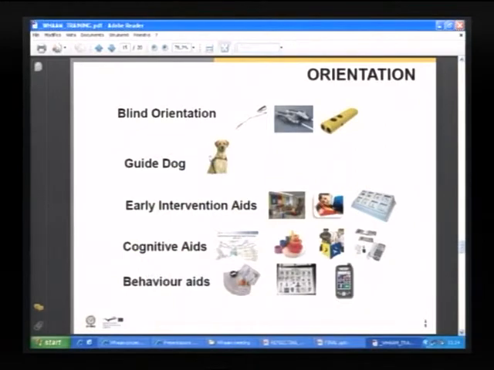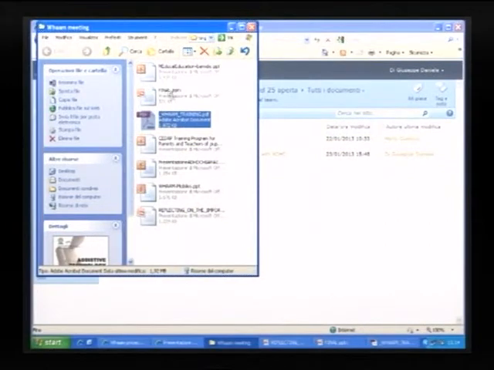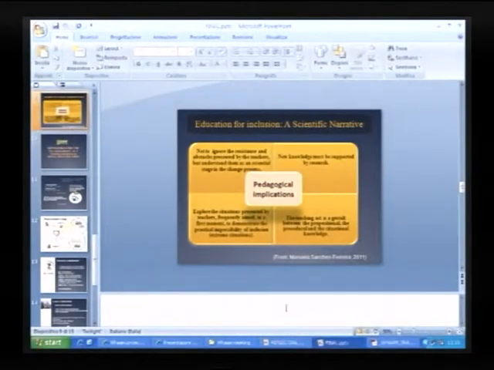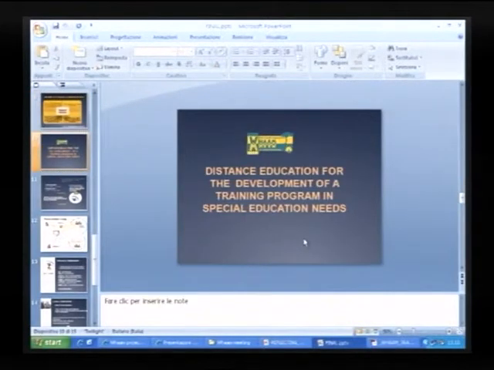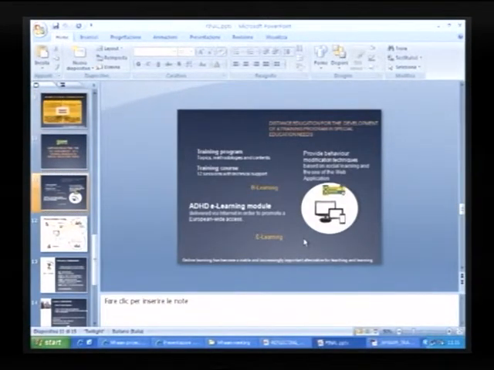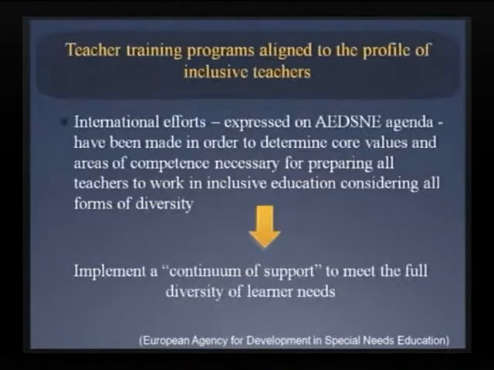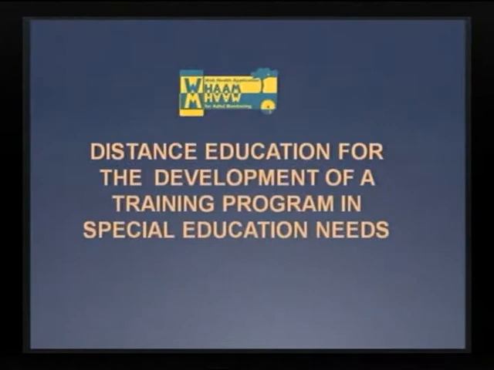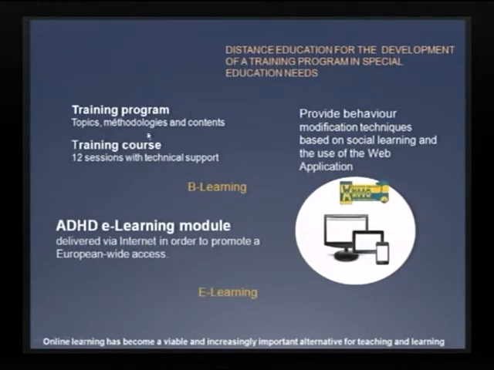So we work a lot with learning management systems, and it's these learning management systems that we are going to do next in the project. So we are supposed to do a training program and a training course, which we mean to do in a B-learning system.